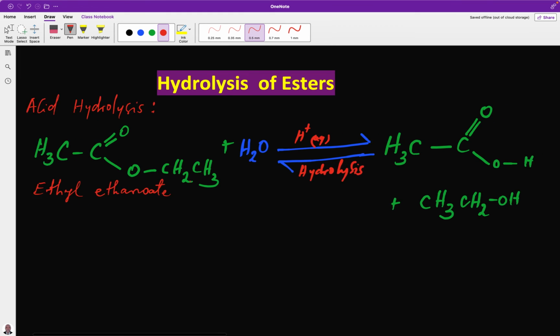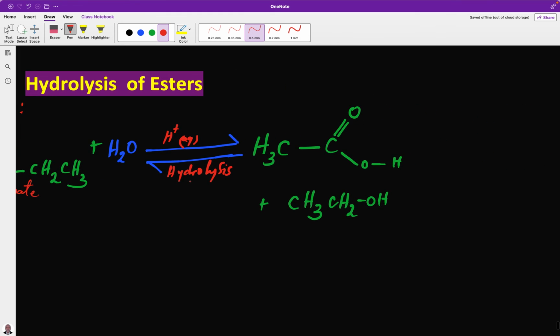Ethyl ethanoate undergoes acid hydrolysis, which is a reversible reaction and equilibrium is established. We will have ethanoic acid and we will also have ethanol.